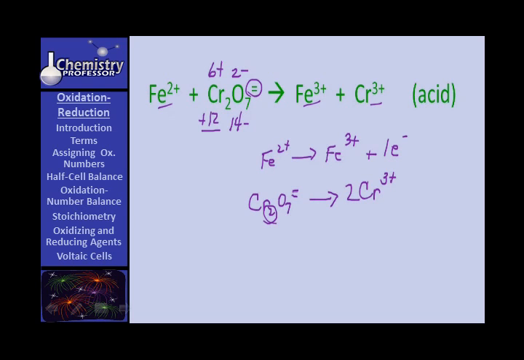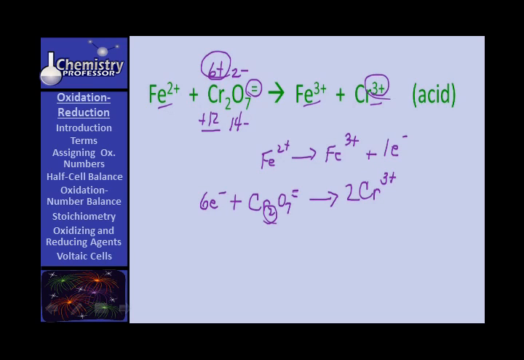You've got to have 2 chromiums over here. Each chromium is going from a +6 right here over to a +3. And as it goes from a +6 to a +3, each chromium is gaining 3 electrons, but there are 2 of them. So it is gaining 6 electrons total.